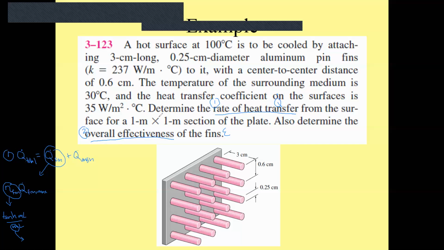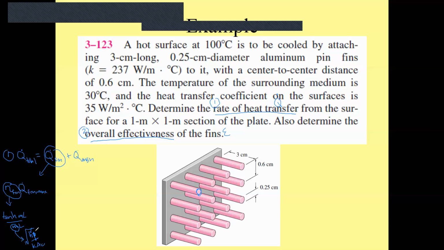Is L given to you? Yes, 2 centimeter long. Now m is the square root of hP over kAc. So h is given. P is the perimeter here. How do you find the perimeter for this?